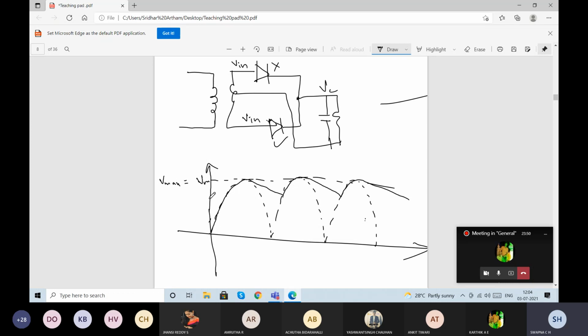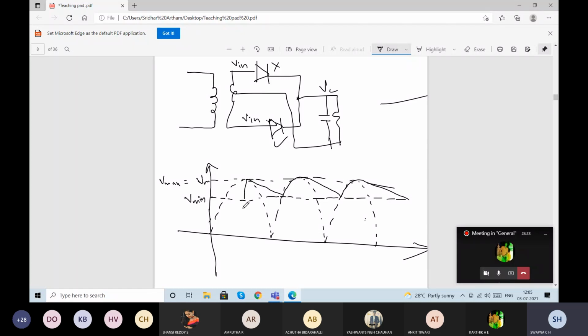And this is the minimum voltage across the capacitor. Let me write this as V minimum.